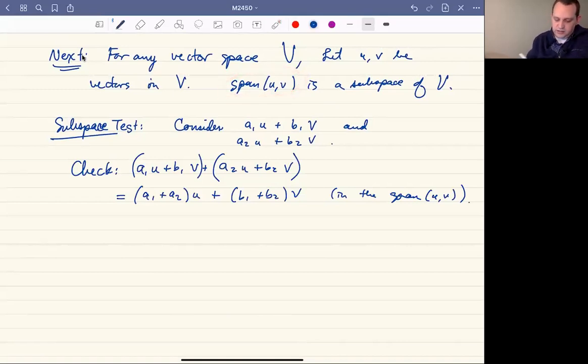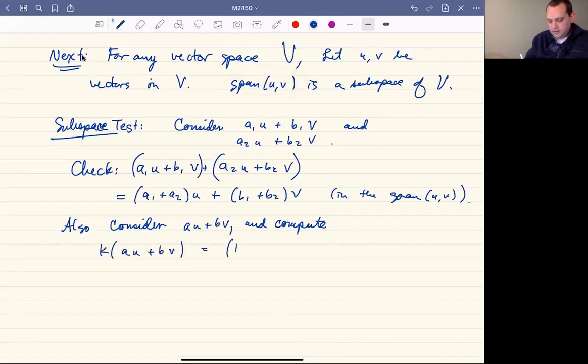And the final thing that we need to check is, consider some arbitrary element in the span, say AU plus BV, and let's compute K times this vector, K times (AU plus BV).